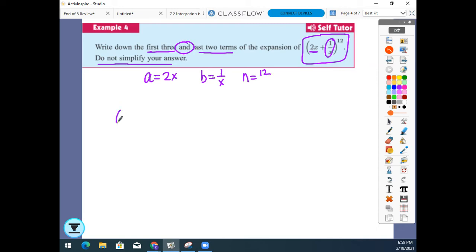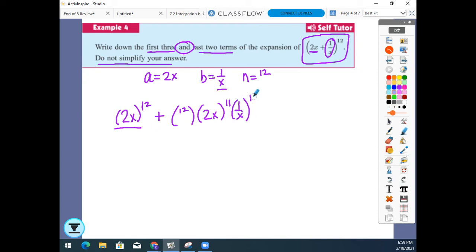All right, so we always start with the first term to the highest exponent. This is our first term, plus our second term. This is where we start with our binomial coefficient. I'm going to wait to fill this in because I'm going to show you something. So my first term, 2x, goes down, and my b term goes up.